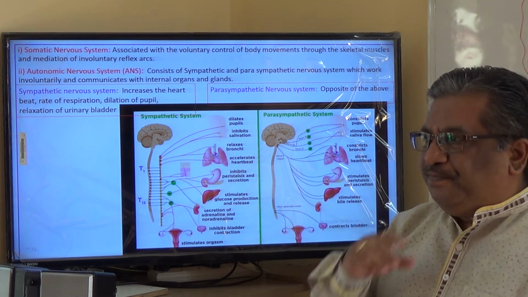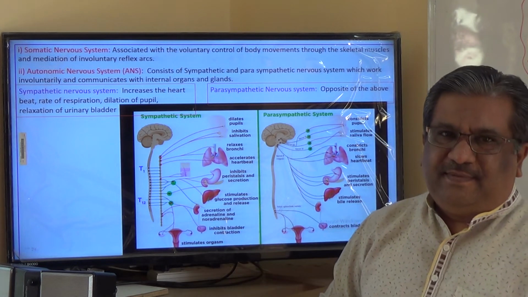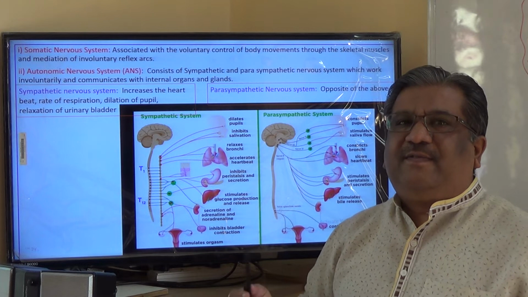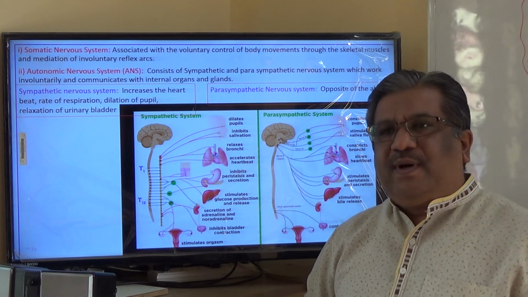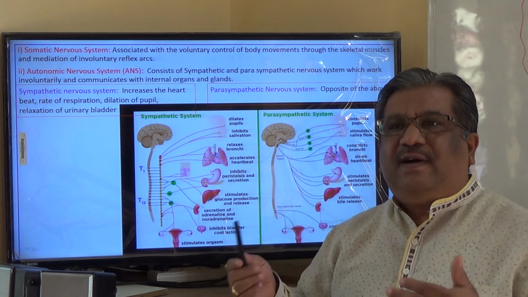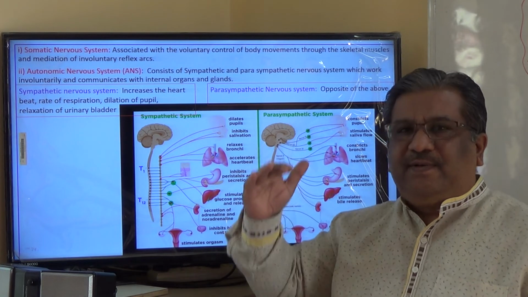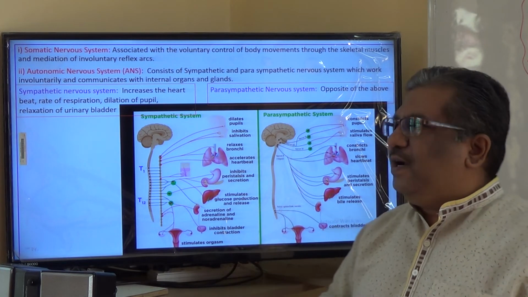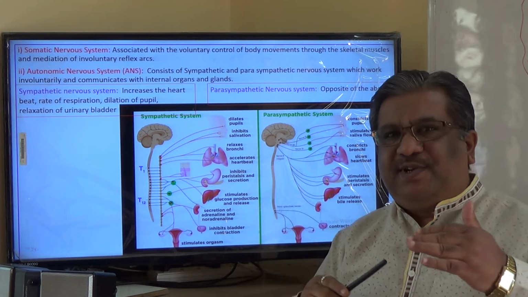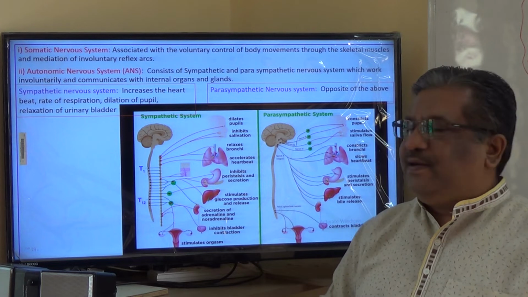For example, suddenly if a tiger comes and stands in front of us, definitely the rate of heartbeat increases. But you cannot live with that increased heartbeat continuously. Something is required to reduce the heartbeat after some time, no? And that is how parasympathetic nervous system helps in establishing the balance by once again decreasing the rate of heartbeat.